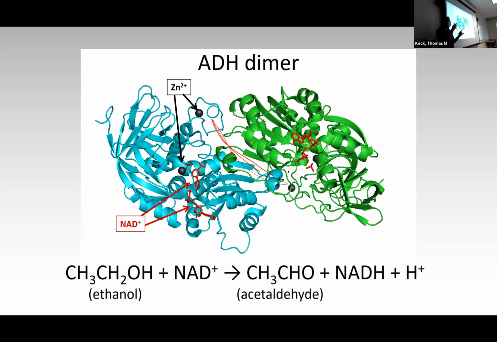And so the two different subunits regulate each other, and they coordinate additional zinc ions and so on. And this catalyzes our breakdown of ethanol into acetaldehyde. It's actually the oxidation of ethanol to acetaldehyde, and then this is what clears ethanol out of your bloodstream on Friday nights.